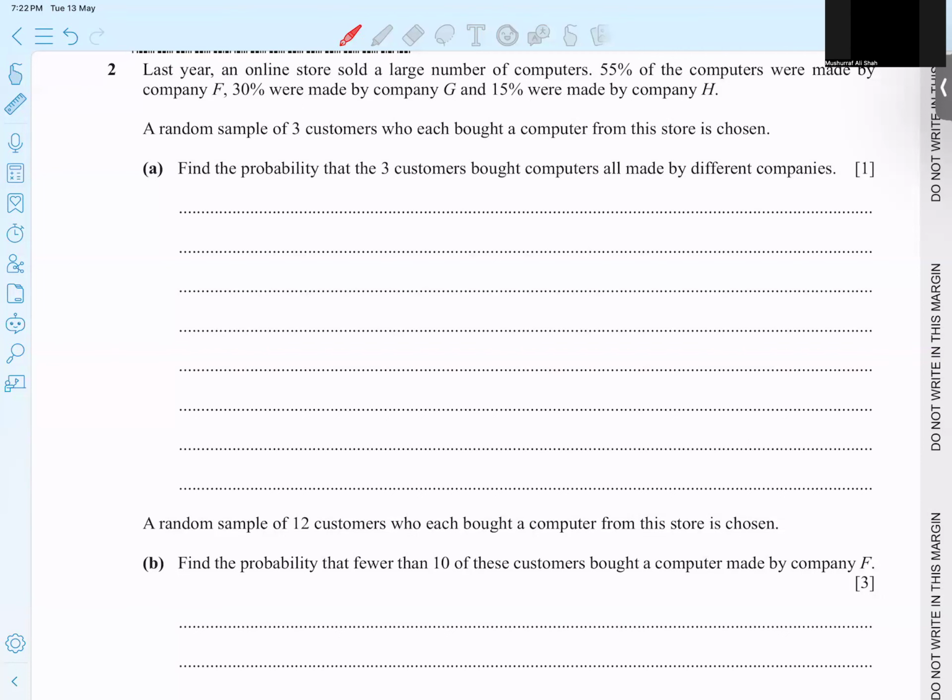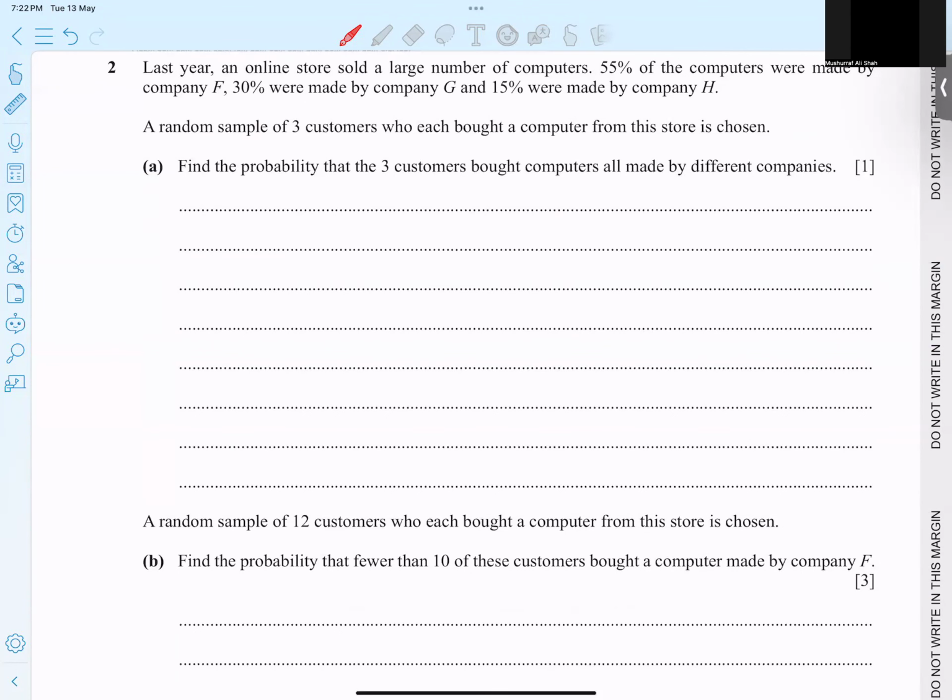Question number 2, students: last year an online store sold a large number of computers. 55% of computers were made by company F, 30% by company G and 15% by company H. A random sample of 3 customers, who each bought a computer from the store, is chosen.